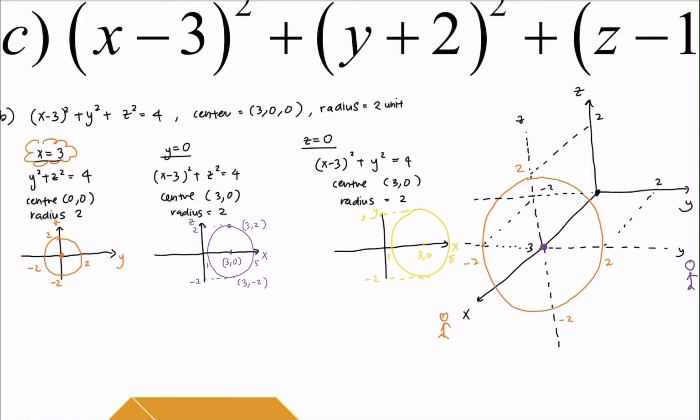Here is the (3, 0), and then it has 5 units. So let's say here is 5, and here is 1.